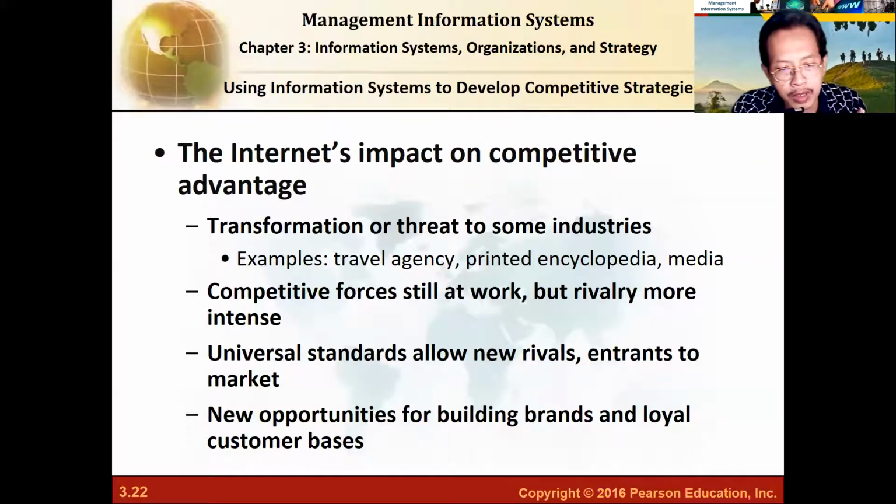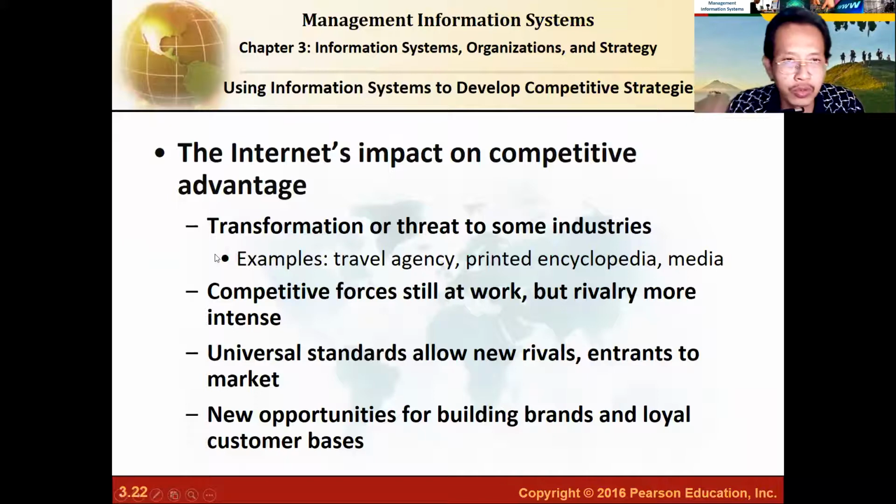Now in this slide we would be talking about how the internet impacts competitive advantage. Here, the internet would be transforming several industries because they would be offering new business models.